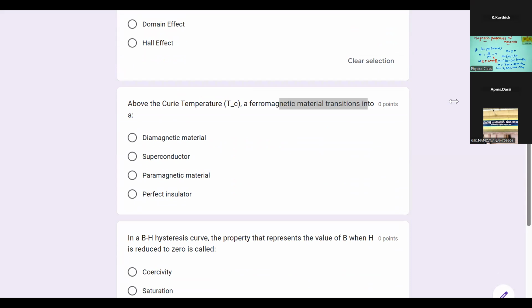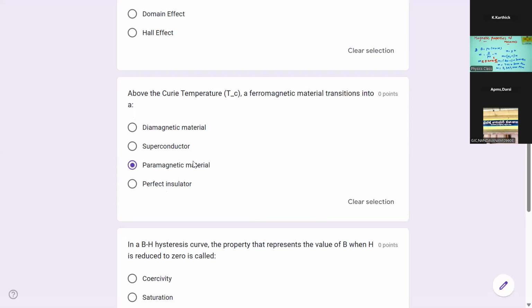Above the Curie temperature, the ferromagnetic substance, yes. Purna, correct answer. Very good. So above the Curie temperature, the ferromagnetic material transitions to a paramagnetic material. Okay, right.